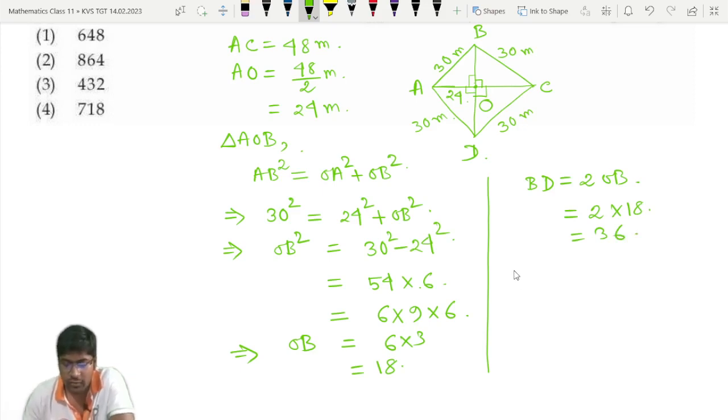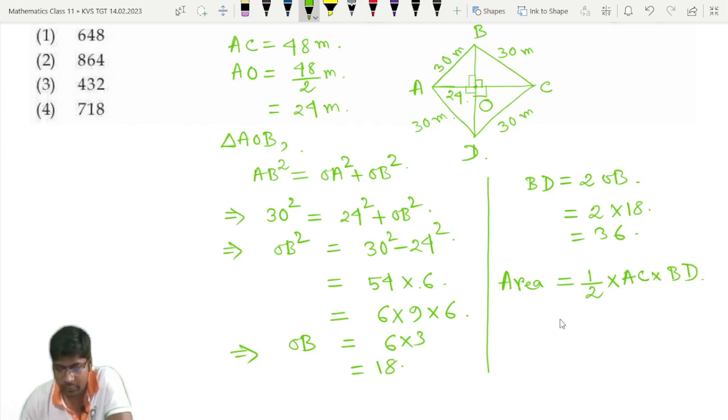Now what we know is that the area of the rhombus ABCD will be equal to half into AC into BD, that means half into the product of the diagonals. So half into AC, which is 48 meter, as given in the question, and BD, which I have just got, is 36.